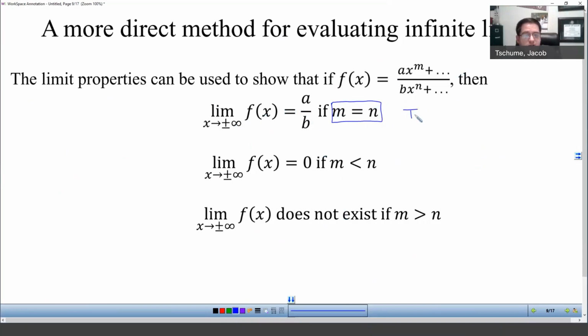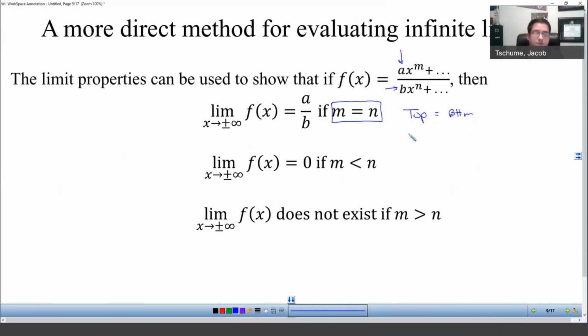So that essentially means that if your top power equals your bottom power, so you look at the highest power on top and you look at the highest power on the bottom, if they are the same thing, then you can just use the numbers that are right in front of them to give your answer.